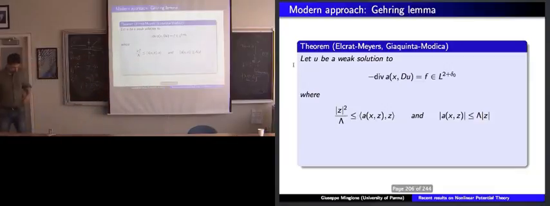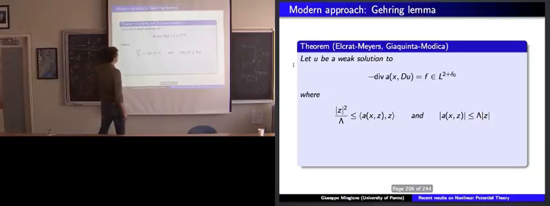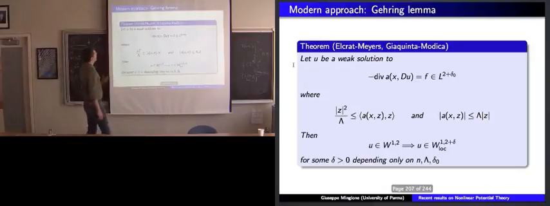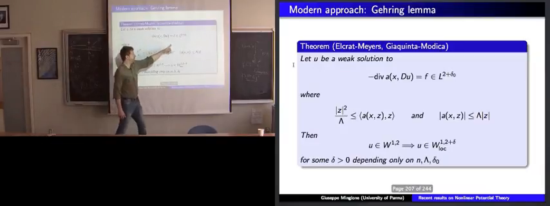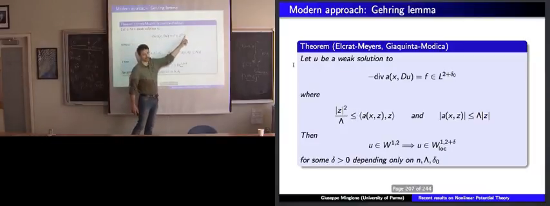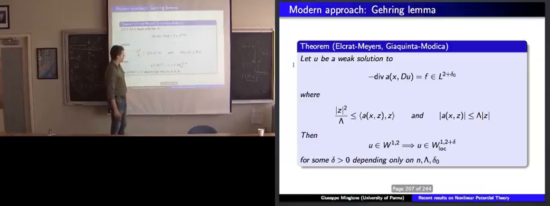Okay, what is the most basic result known for equations of this type? Take an equation which is square monotone, that has measurable coefficients, and the right-hand side is a bit better than L2 plus delta. What can you say about solutions?